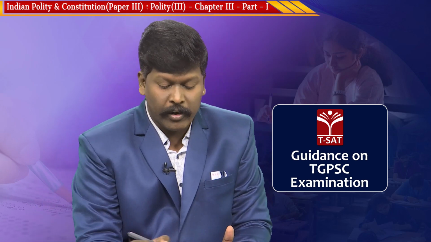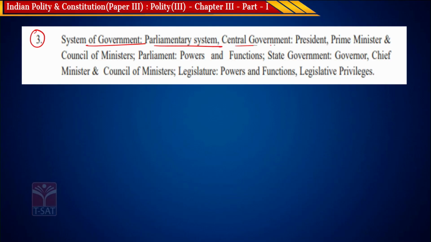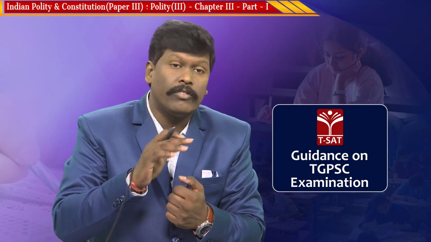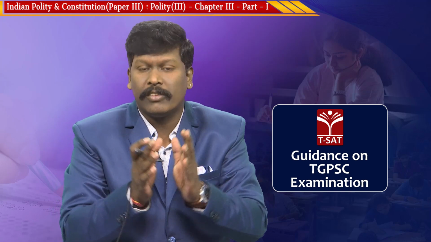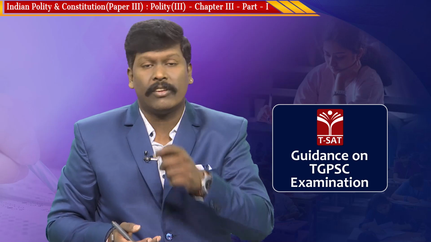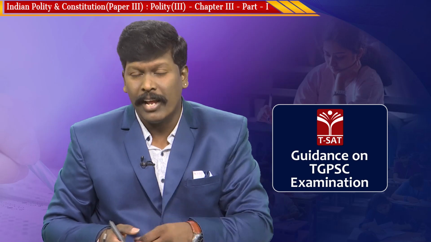In this chapter, we have system of government, parliamentary system, central government, president, prime minister, council of ministers, parliament, their powers, their functions, state government, governor, chief minister, council of ministers, legislative powers of the parliament and state legislature, as well as the privileges of the parliamentarians and the privileges of the state legislative members. That is your Article 105 and 194 of the Constitution.